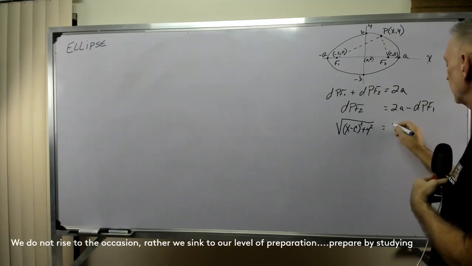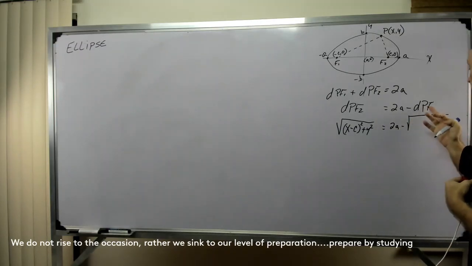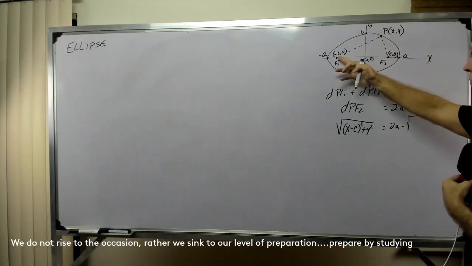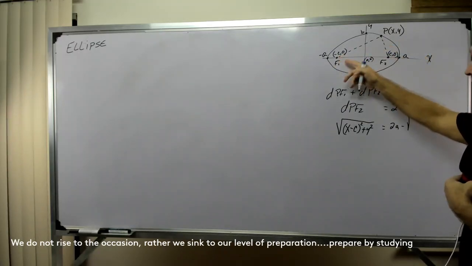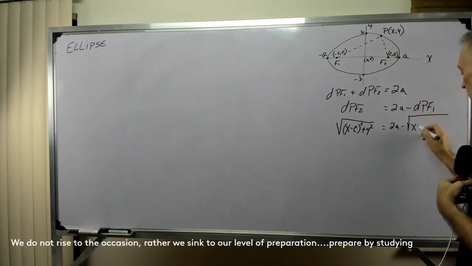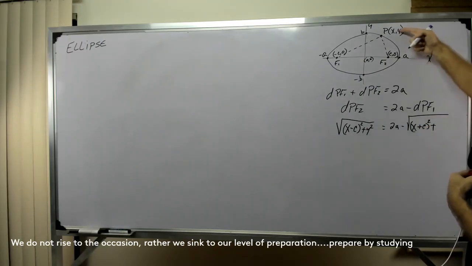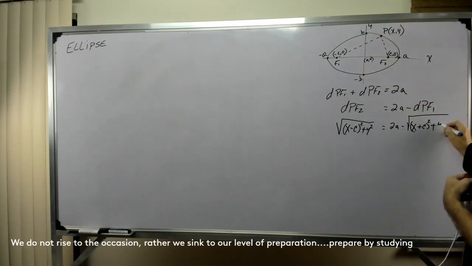Okay, that equals 2a minus the square root of x minus negative c, because this is at negative c, so x minus negative c would be x plus c, squared plus y minus 0 squared, which is y squared.